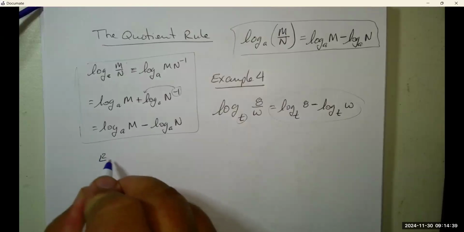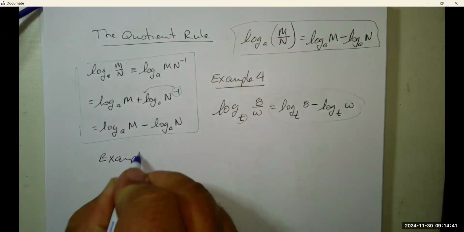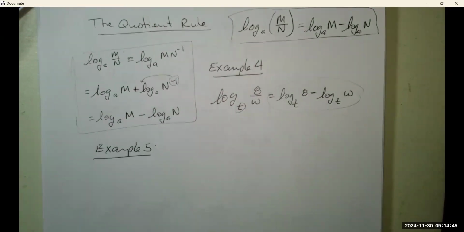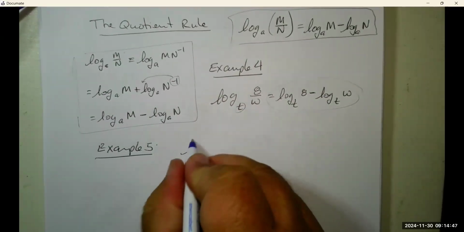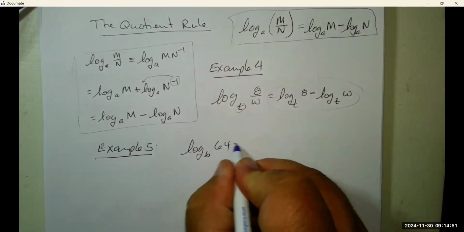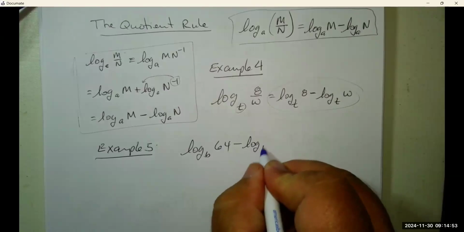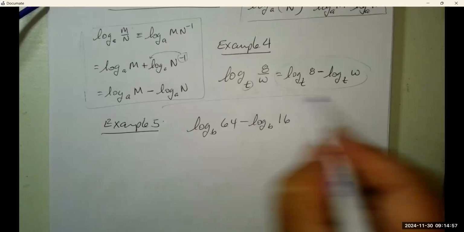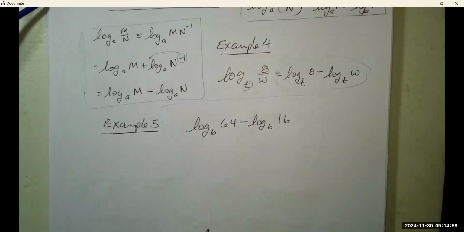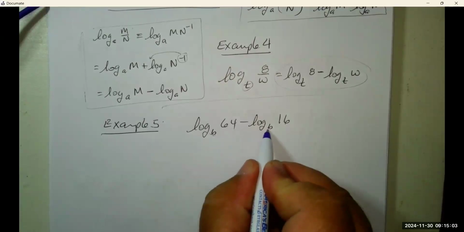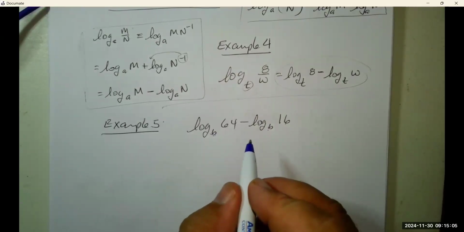Let's look at going backwards now. What if I gave you this equation? Log base b of 64 minus log base b of 16. And this is also going to show you a logical reason for using this method. They're both log base b. That is the first condition. It has to be true.